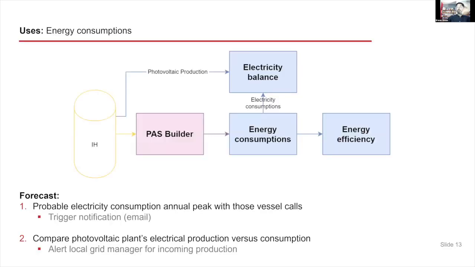We'll start with energy. So here we've got the path builder that creates the path. So the path, if you remember, can cover 1 hour or 1 year of data. Anyway, for every activity that happened, I've got information.